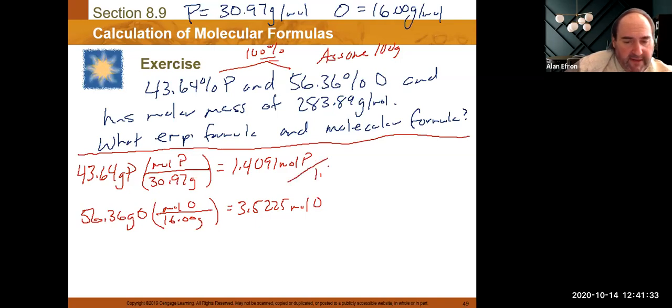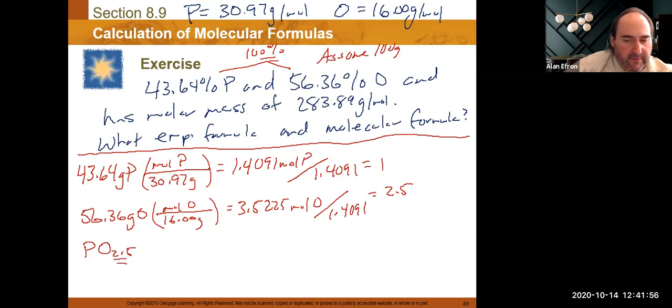Just like before here, we're going to divide by the smallest, which in this case is phosphorus. So we're going to divide everybody by that 1.4 number. That's going to give us 1 for phosphorus. And for our other one there, 2.5 looks like it. Again, at this point, this is not good for our empirical formula as we do not have all whole numbers.